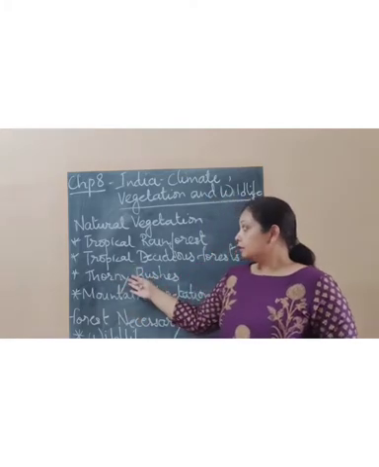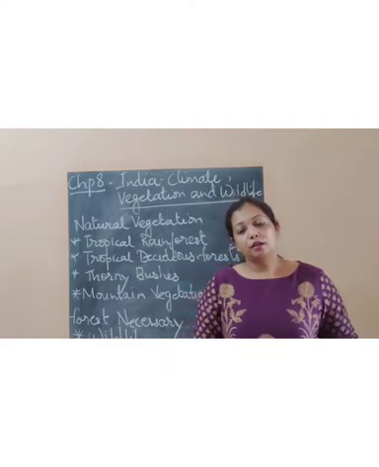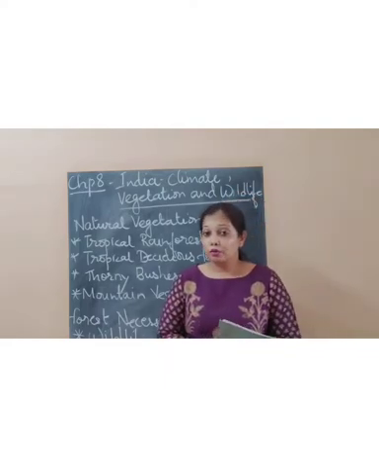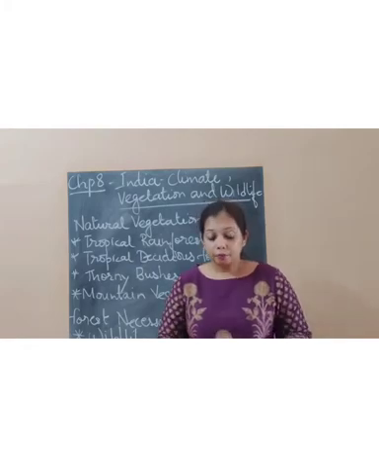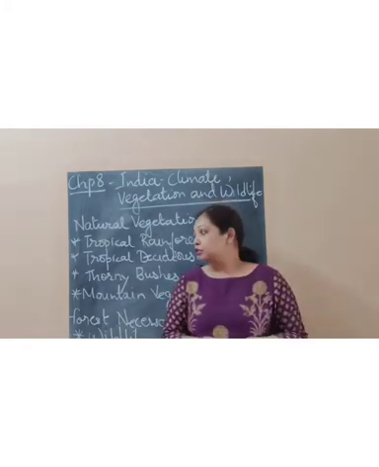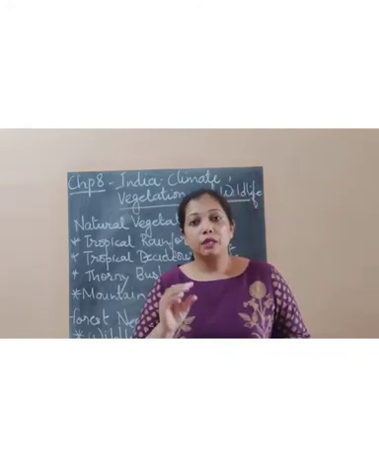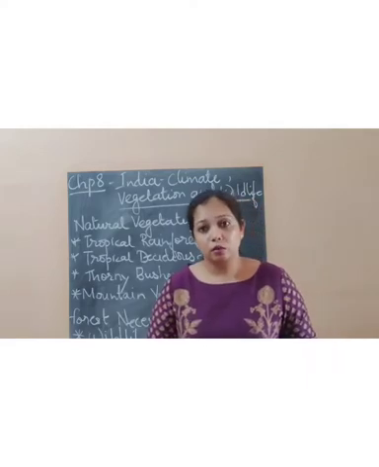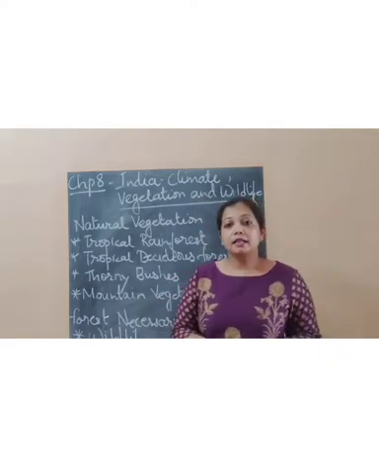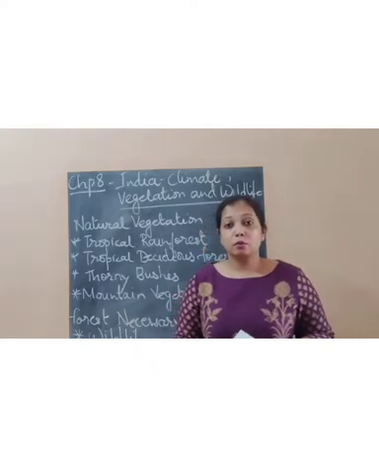The next is the thorny bushes. As the name suggests, this is the forest we will find in the Thar desert. The rainfall here is very less, so the plants that grow here have deep roots so that they can take water from underground, from the water table.